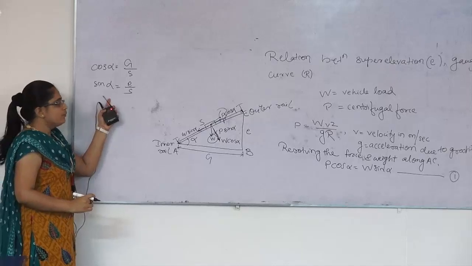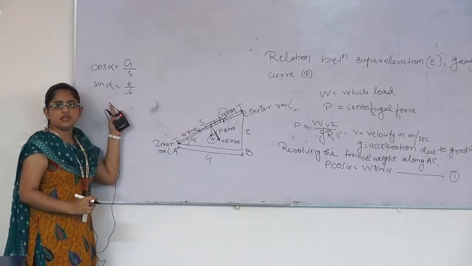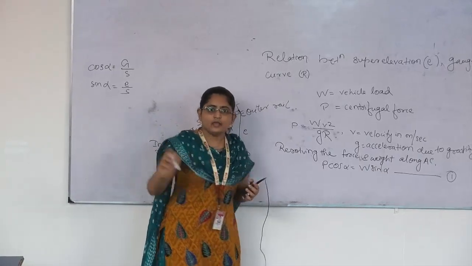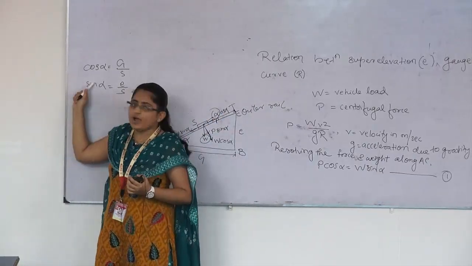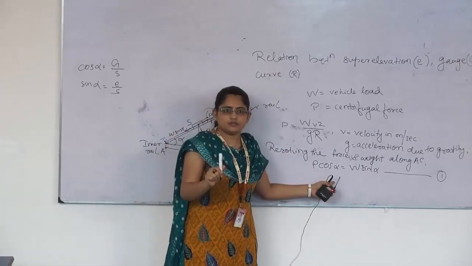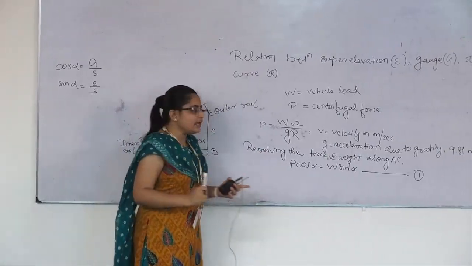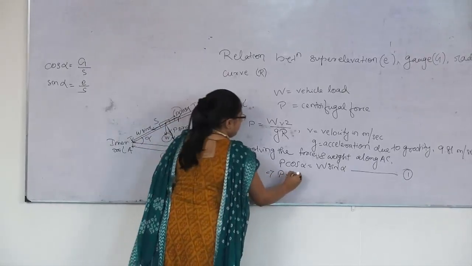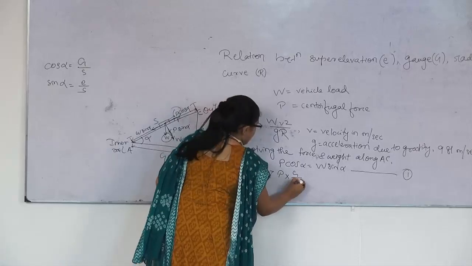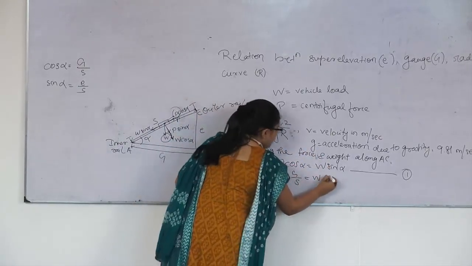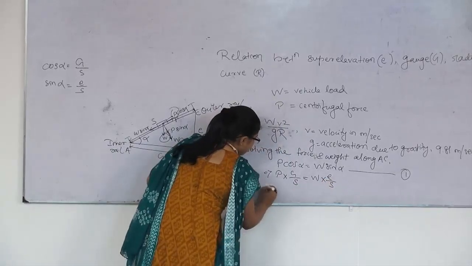Okay. So we will substitute these values in equation 1. Substitute this cos alpha and sin alpha in our equation 1. Clear? Now what will we be getting? P into G by S equals W into E by S. What will you be getting?